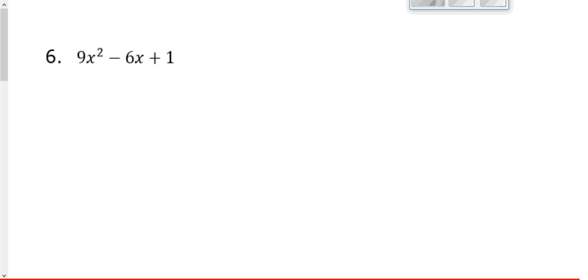Okay, number 6. Hopefully you're starting to see a little bit more patterns when you're looking at these. I can see that this first number here is a perfect square. I can see that this one can evenly be divided by 2.